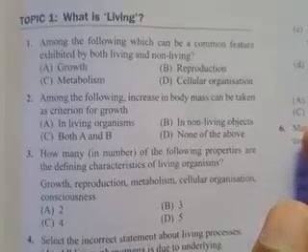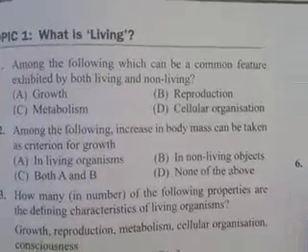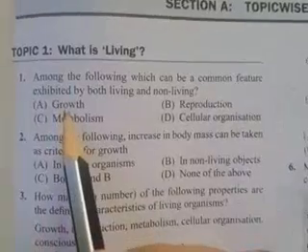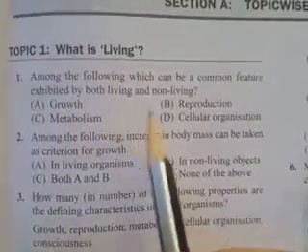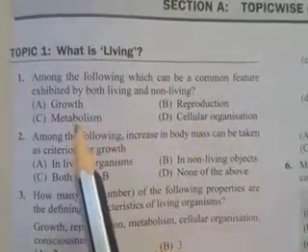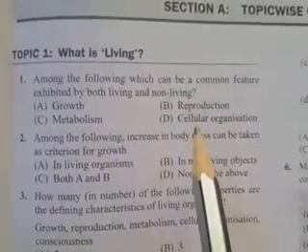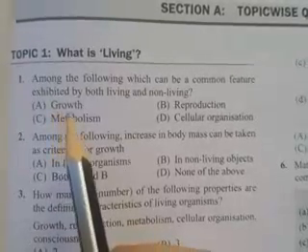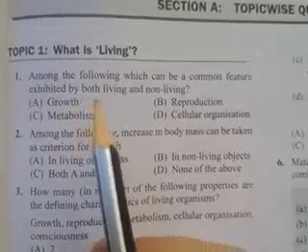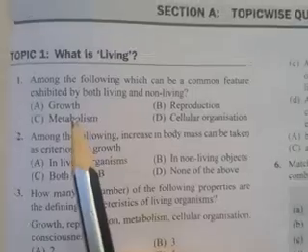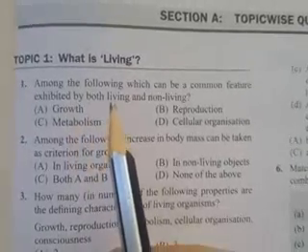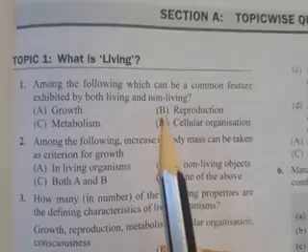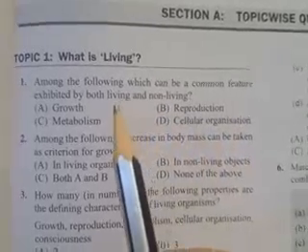we have discussed. But out of these 4, you can observe in question 1 that you should read all the options first: A growth, B reproduction, C metabolism, and the next one is cellular organization, right? Here growth is a property of living, metabolism is also a property of living, reproduction is also a property of living, and cellular organization is also a property of living.